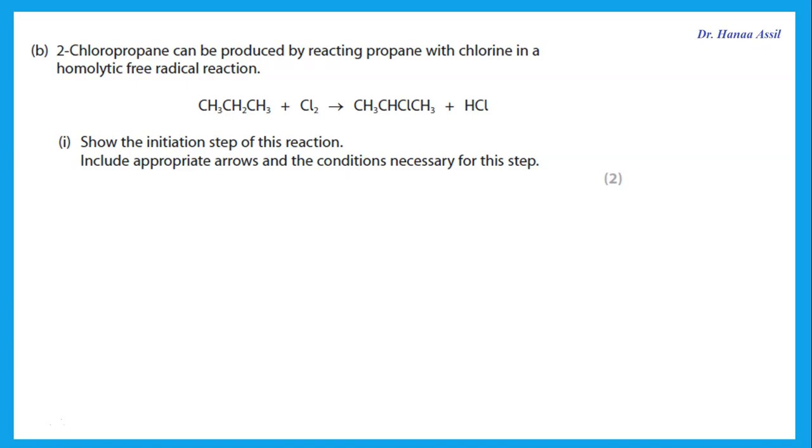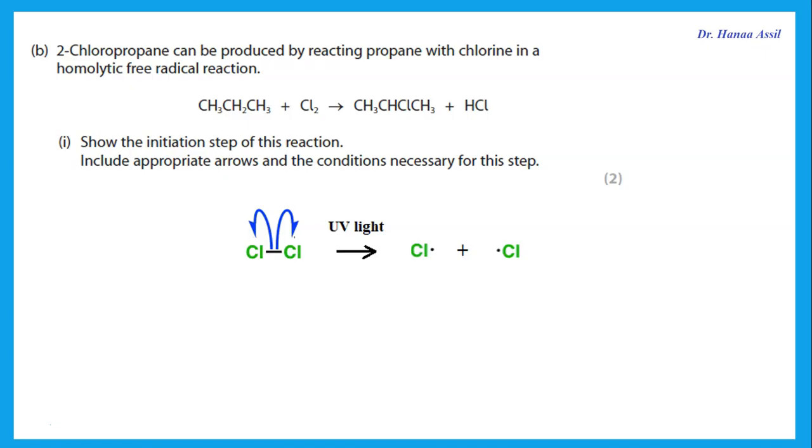Now, this goes through a free radical mechanism, and we said the first step is called the initiation step, in which the bond between the two chlorines is broken homolytically. Homolytically means each electron goes to one of the chlorines.